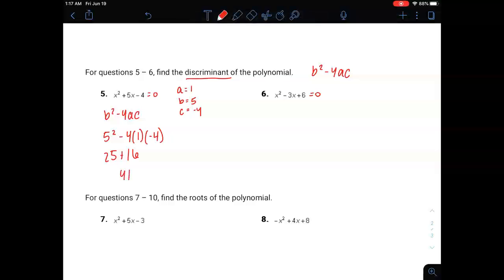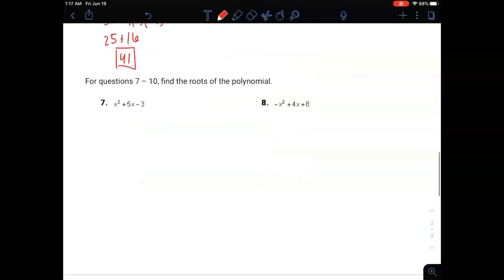So my discriminant for this first equation is 41, right? And then again, based on the discriminant, we can figure out, am I going to have 2 real solutions, 1 real solution, or 0 real, because I'm going to have 2 imaginary, right? So that would be why this can be important here.